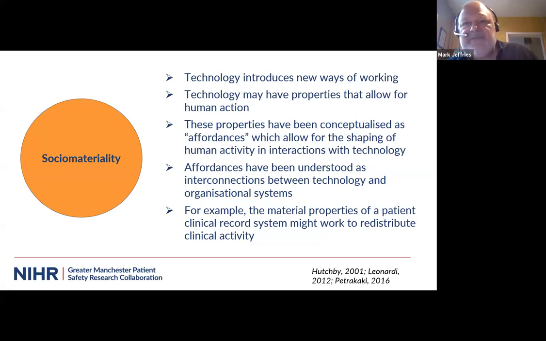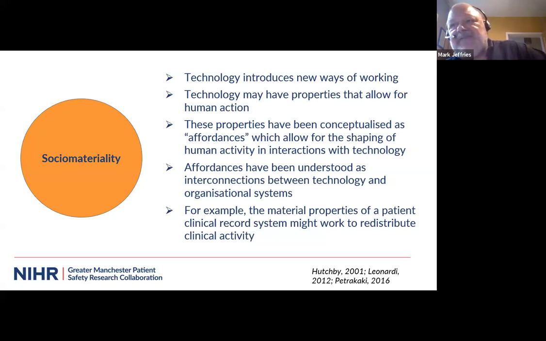And various people, going back to Hutchby and others, have thought of technology as having some element of fixed quality that allows any change to be assigned to social processes and contexts.